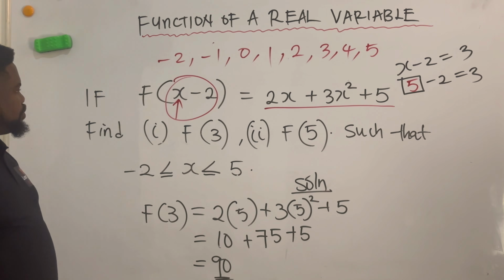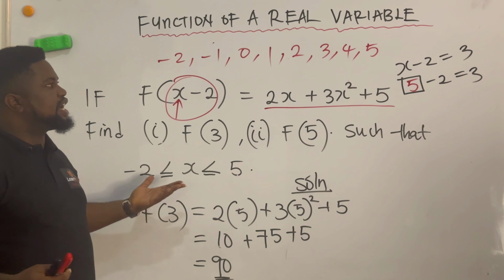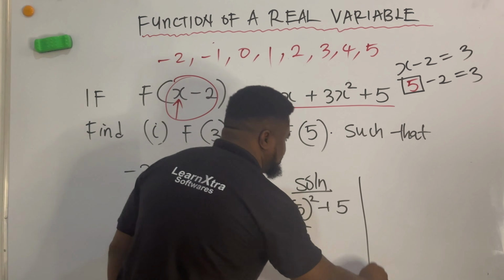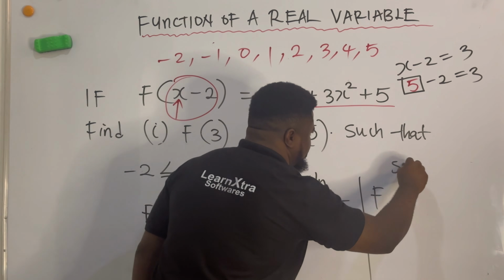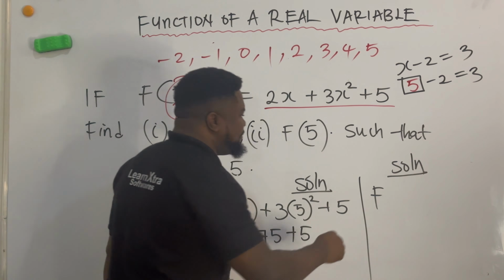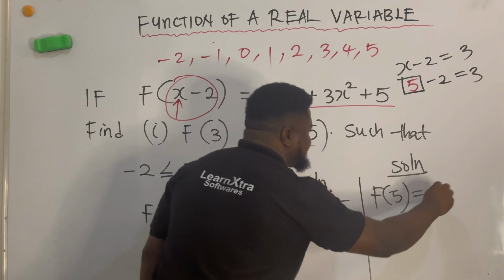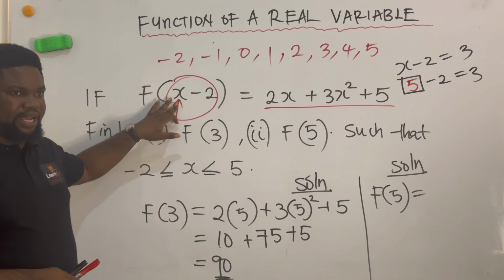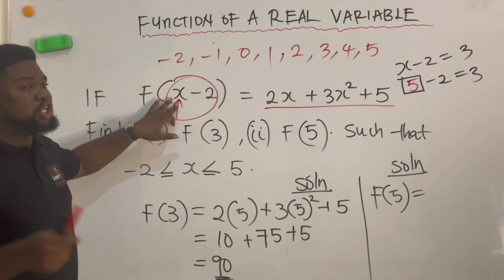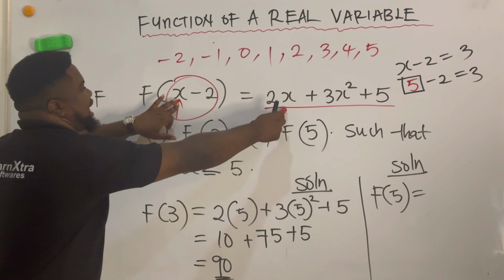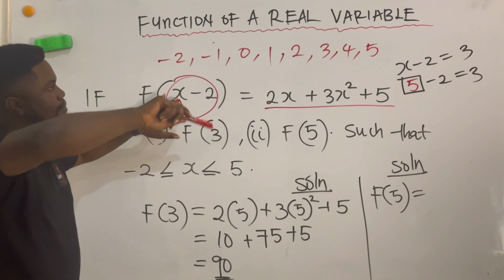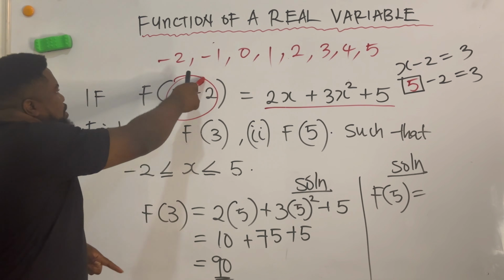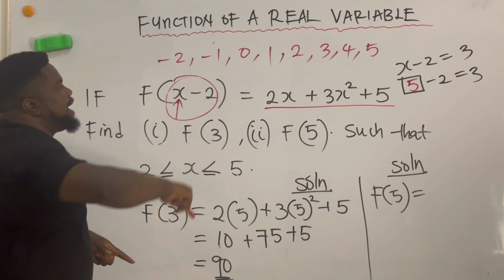How about the second question, f of 5? Clearly, if we want to find f of 5, solution for f of 5. f of 5 is simple. What do we do? Because here is not only f of x, we don't go ahead and put in x as 5. The same routine. We'll find the value of x that will make all this place give us 5.